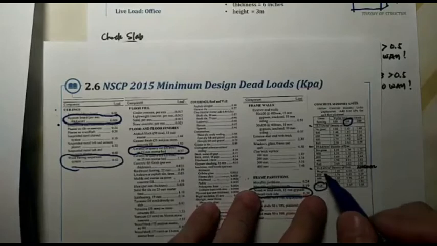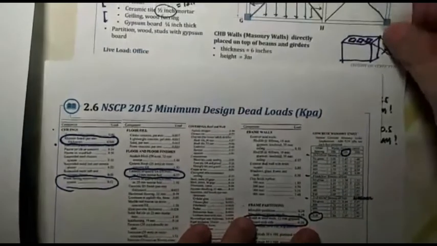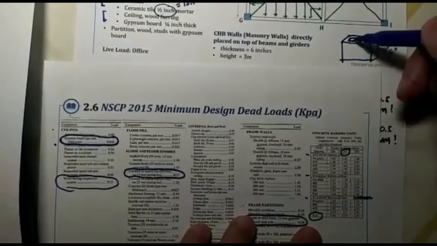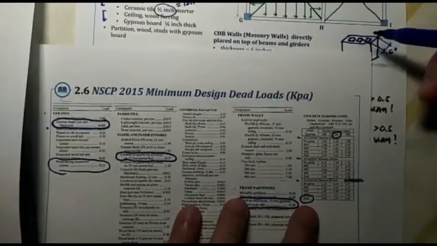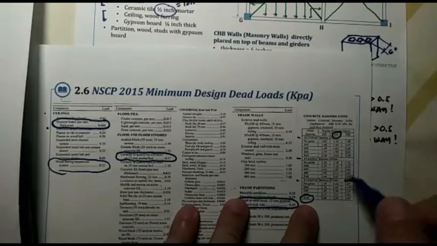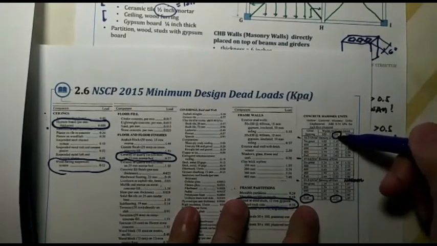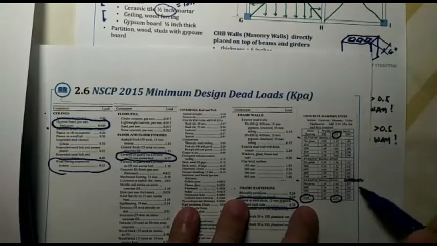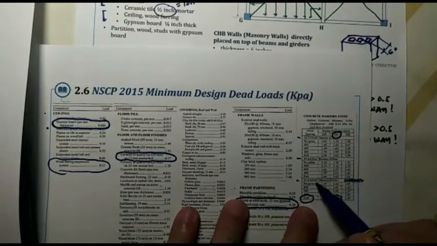Ibig sabihin ng full grout, papasakan natin ng konkreto yung mga butas, yung mga cells. So full grout, normal weight concrete, 150 yung kapal. So dito tayo 2.97. Again, 150 yung thickness kasi 6 inches given, tapos sa normal weight tayo kasi ito lightweight, medium weight, normal weight.